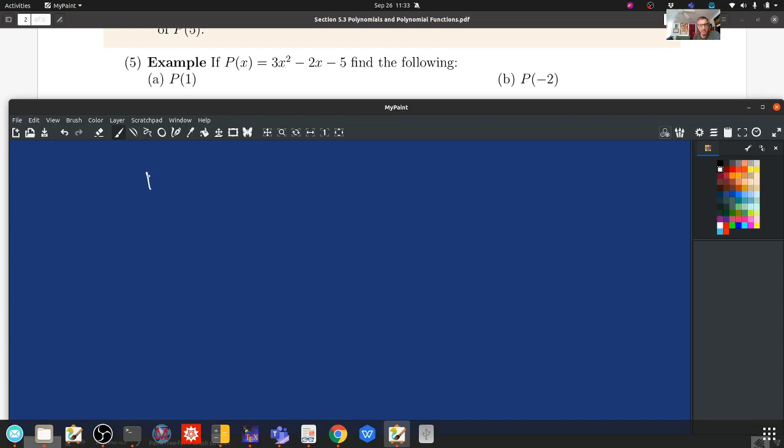On the other hand, p of minus 2 is 3 times minus 2 is my base, and it's squared.